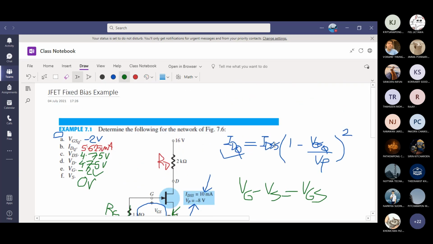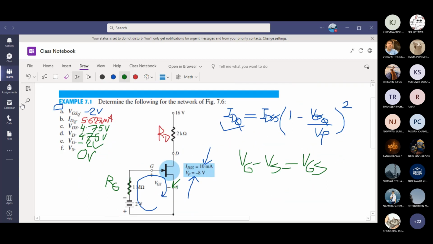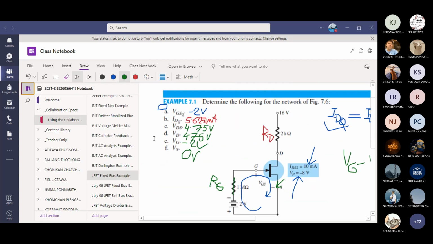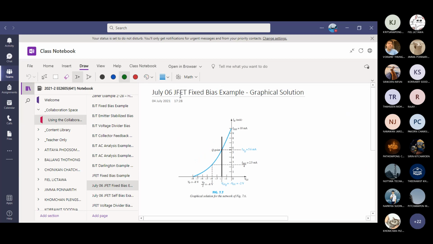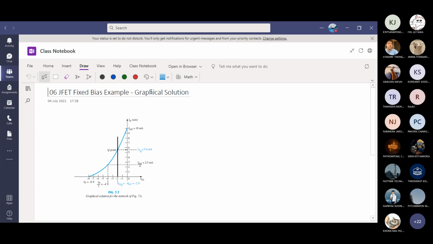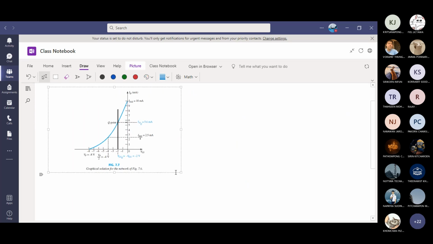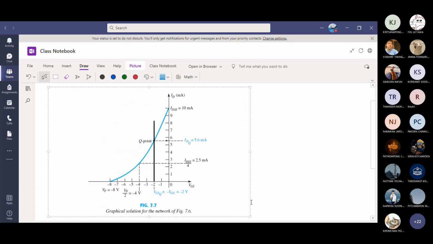So this was a purely mathematical solution. There's a graphical solution to this. I'll show you the graphical solution, how it is done. For the graphical solution, what did we find from the circuit?